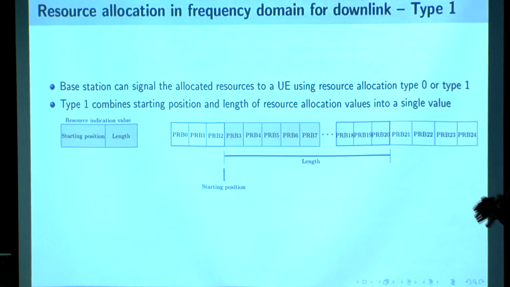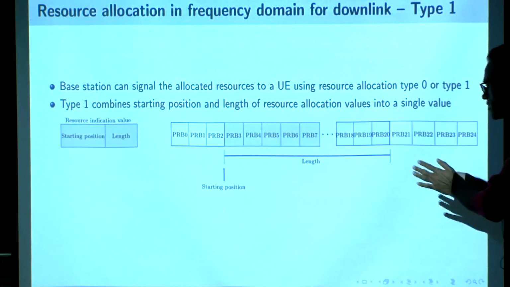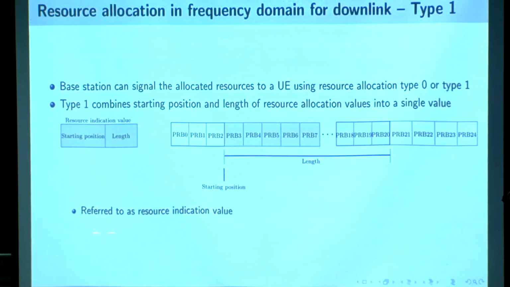Let's say I don't want that. I want to allocate PRB 0 to 9, then somewhere at the end, because I know those channels are good. I don't want to assign contiguous PRBs, but this is basically used to make contiguous assignment. This is called RIV, resource indication value.